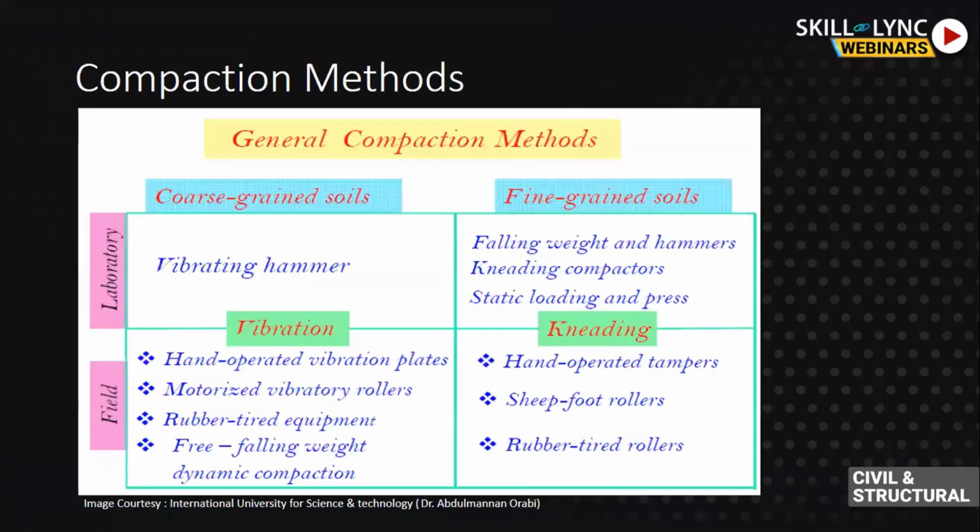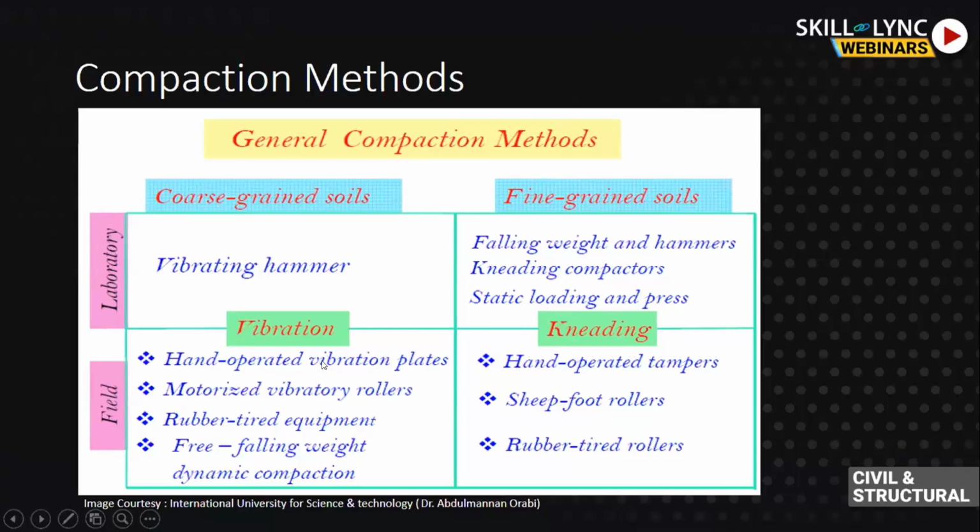As we were talking about the compaction methods, in general, these are the compaction methods being used, where coarse grained and fine grained soils are available. In the laboratory, coarse grained soils are tested using a vibrating hammer. For fine grained soil in the laboratory, we use falling weight hammers, kneading compactors, static loading, and a press.